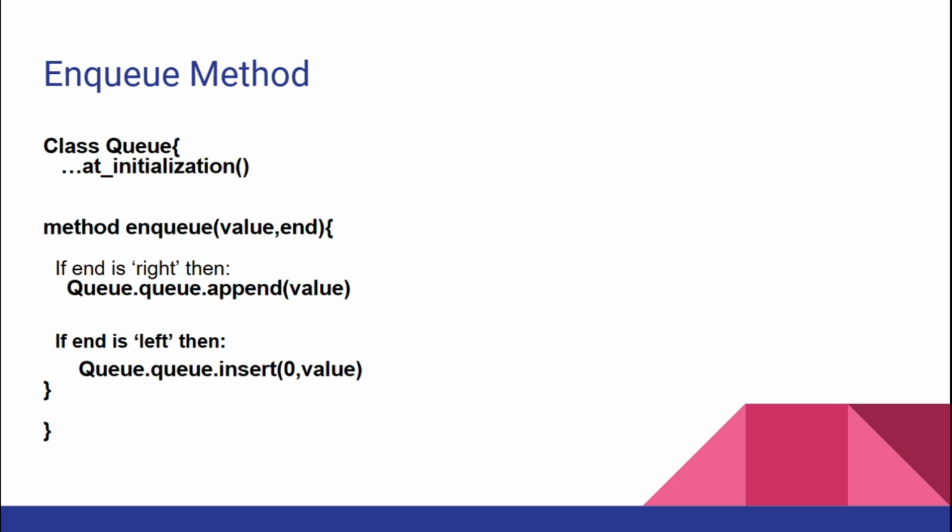So you use a conditional to check. If it is right, then append it to the right-hand side, but if it is left, then add it to the top, which is the left-hand side, the first node to appear. If the person picks the left side, the node is going to go to the top.